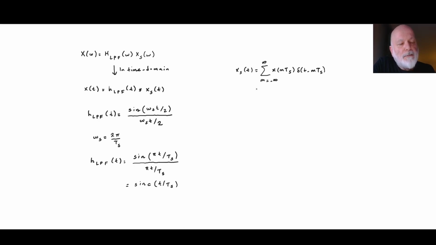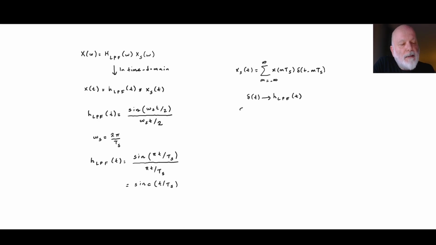Now we know that for the ideal low-pass filter, if the input is an impulse, we get the output h sub LPF of t.